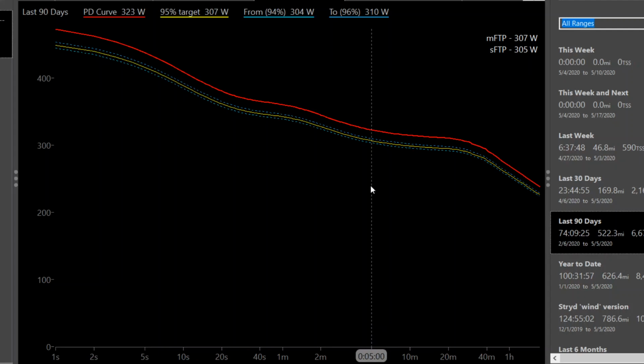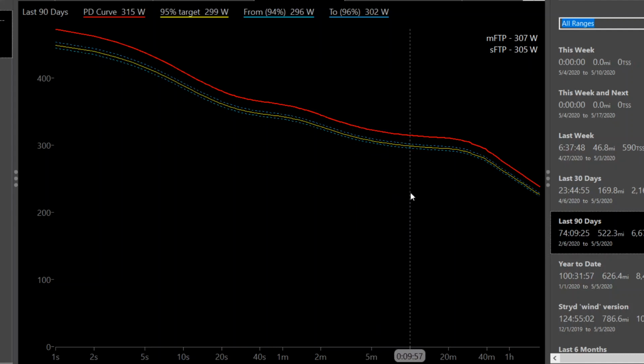All right, 5-minute intervals, we can see, looking in the legend up in the upper left there, the modeled power is 323 watts. 95% of that is 307 watts. And if you go a percent on either side, the range is 304 to 310 watts. So your target is 307 with a target range of 304 to 310.